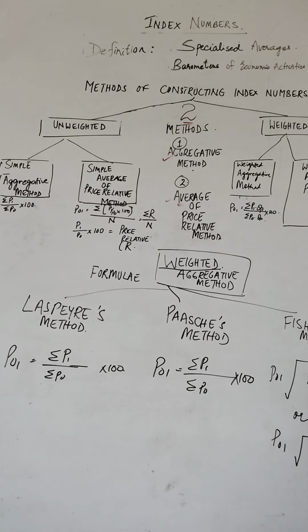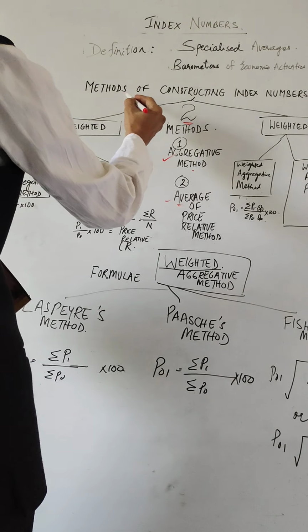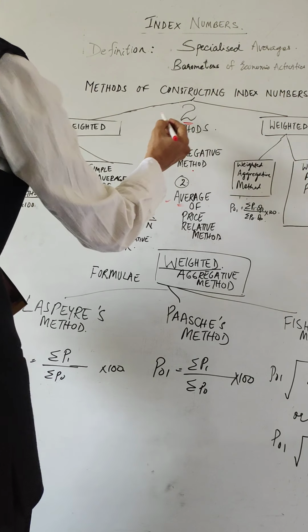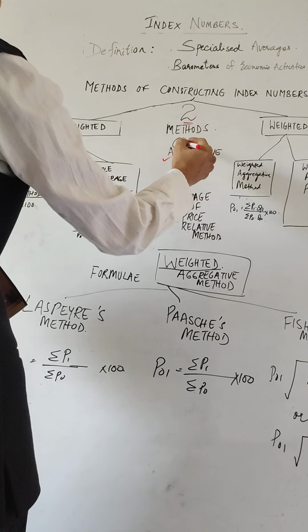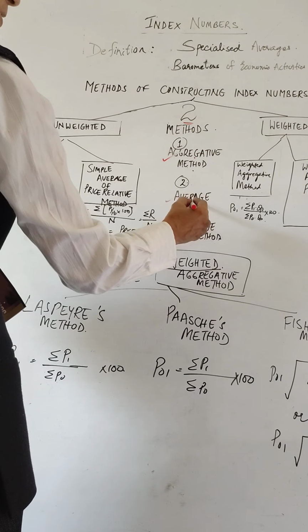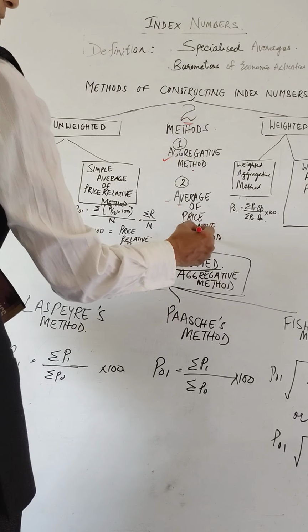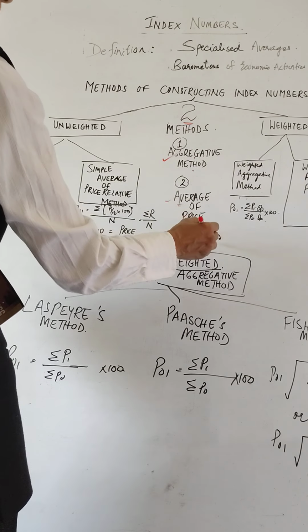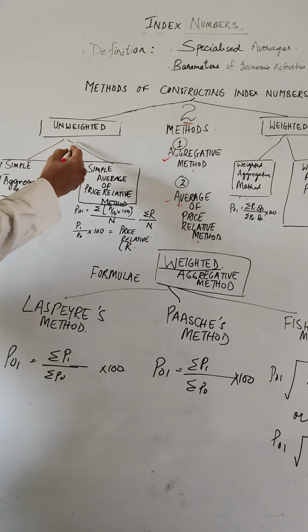Now, as we know, index numbers are specialized averages and they are barometers of economic activities. There are two methods of constructing index numbers: one is the aggregative method and the second is the average of price relative method. Both of these methods are used in the unweighted.